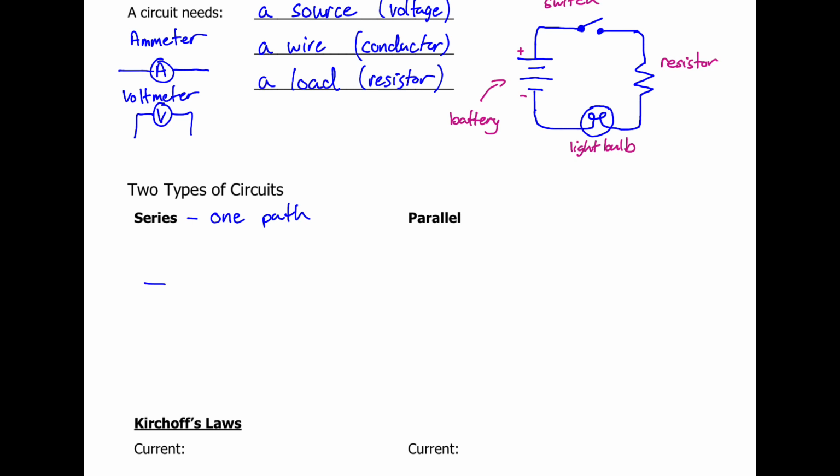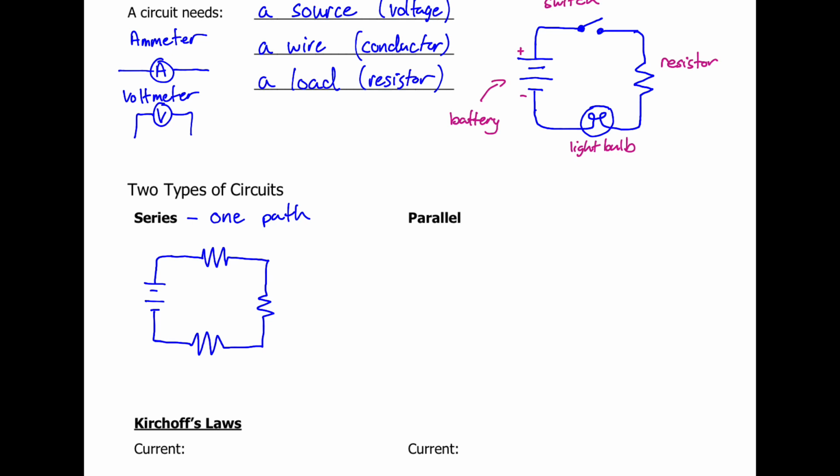So I'm going to draw it like this, draw a battery, and you will see very quickly my personal preference with these batteries is I almost always draw the battery up on the left of the page. They're just a circle, so it doesn't actually matter where. But I'm going to connect it to a resistor here, and then another resistor here, and then one final resistor on the bottom.